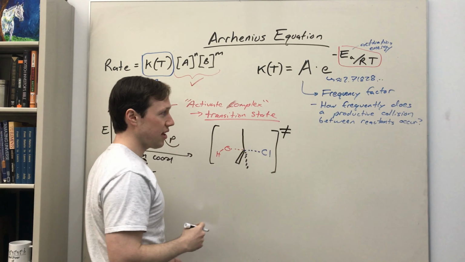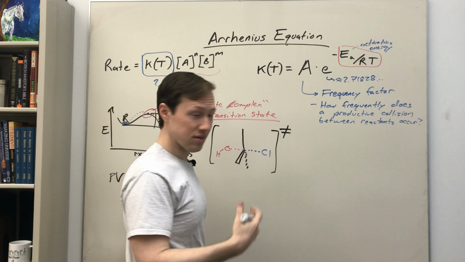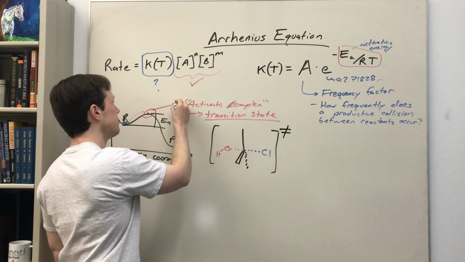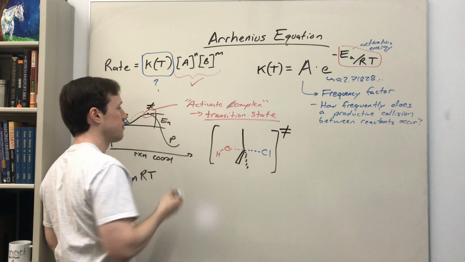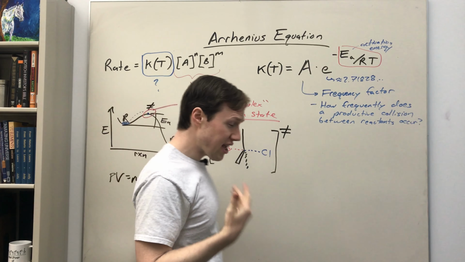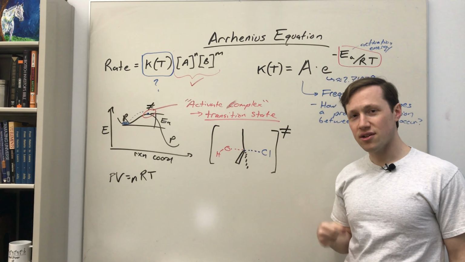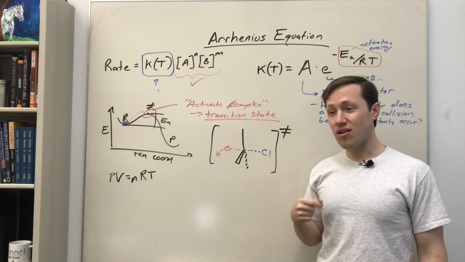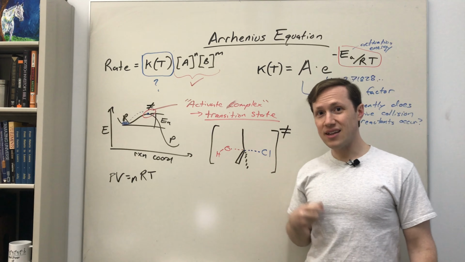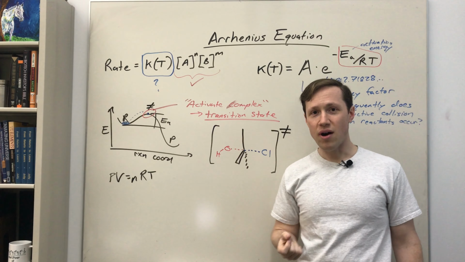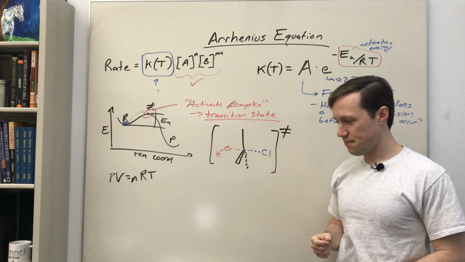And we often symbolize it with this double dagger formalism. Understanding the nature of that transition state can tell us why particular reactants are reactive with one another, and can also help to explain why a reaction has the rate that it does.